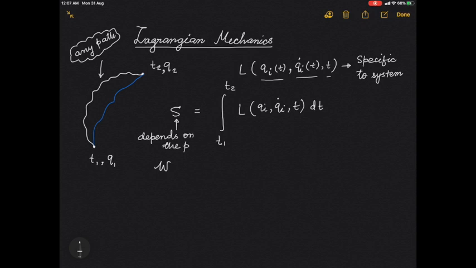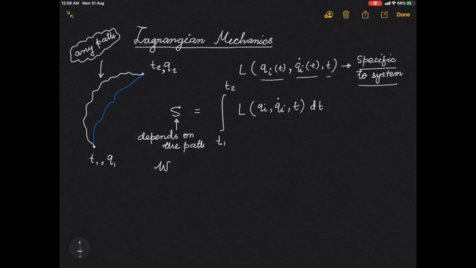So let me go back once again and remind you that I have written down the Lagrangian, the functional form of L in terms of qi, qi dot and t, which depends on which system I am working with. So that is fixed. We'll say we choose the system.